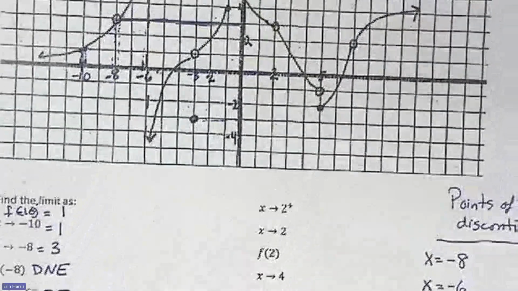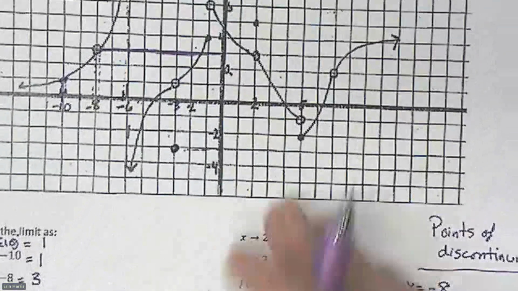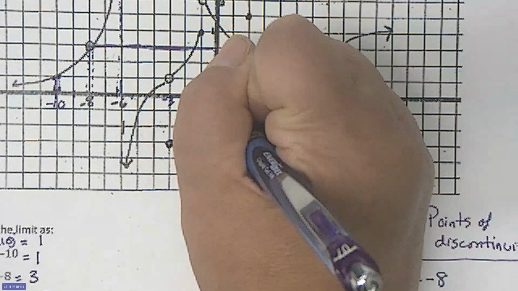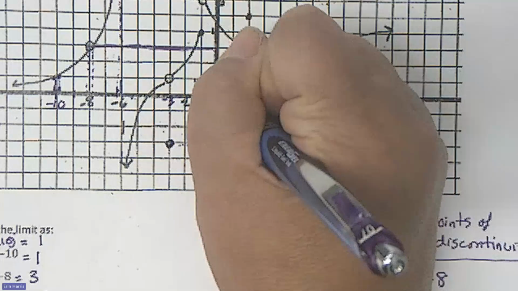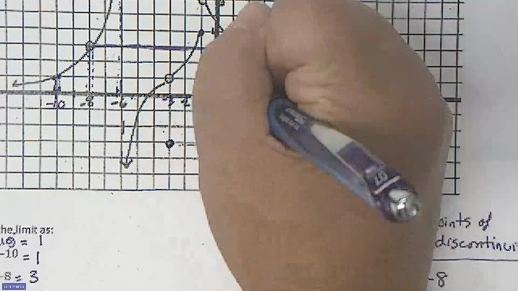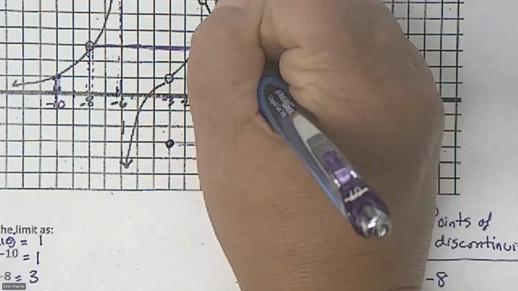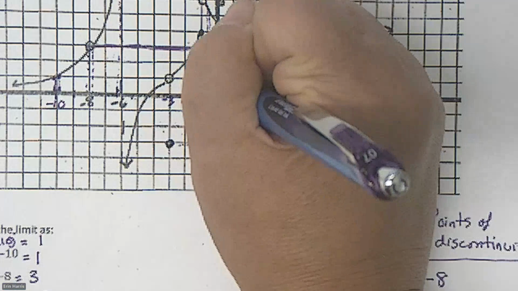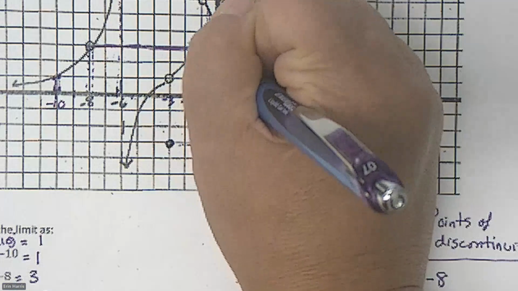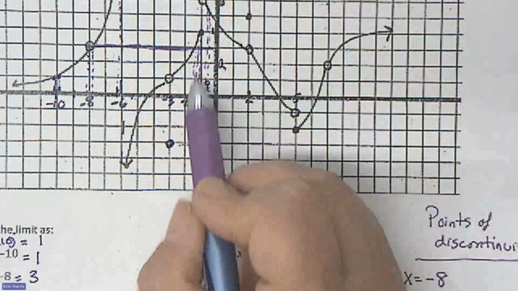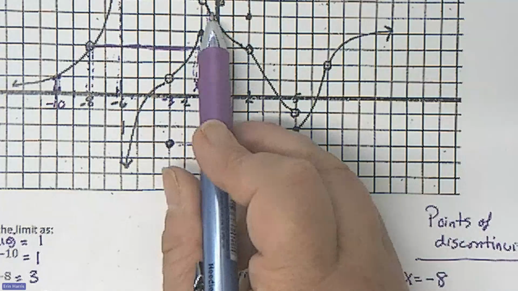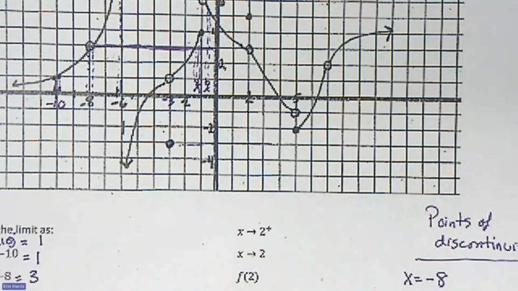Okay, so if I go to -1 and I stand somebody on the left of -1, somebody on the right of -1, and they're both looking up, they're seeing different values. Okay, so you try to decide, what's the guy on the left seeing values get close to? What's the guy on the right seeing values getting close to? Okay, remember, limits are always y values.